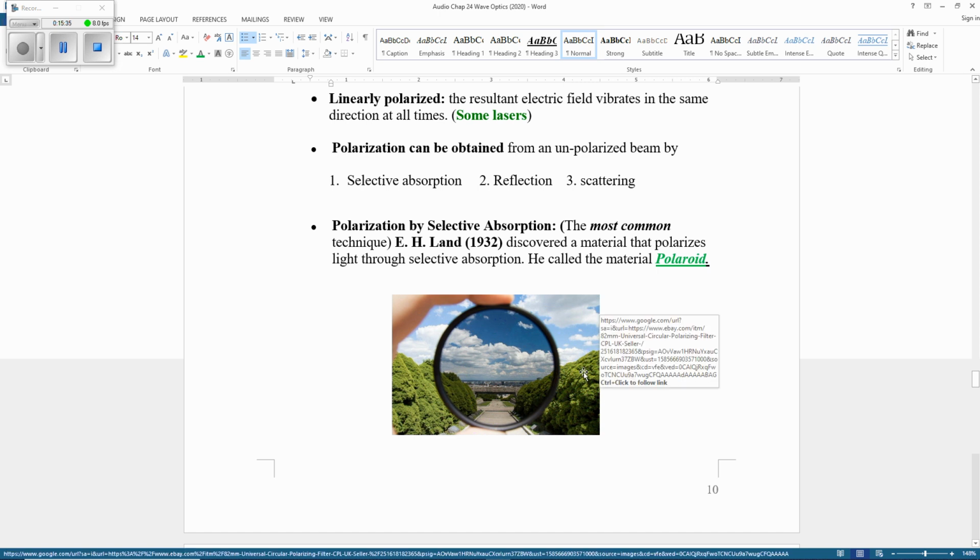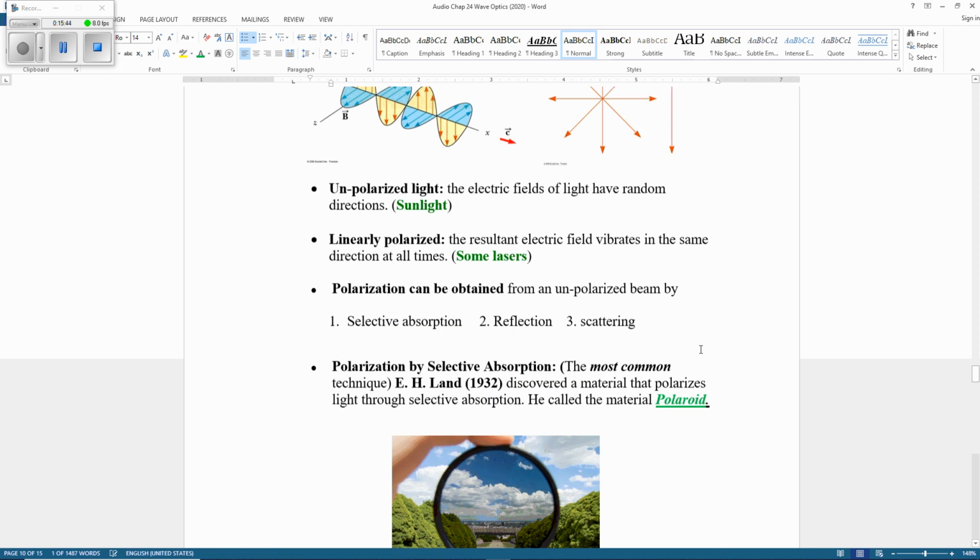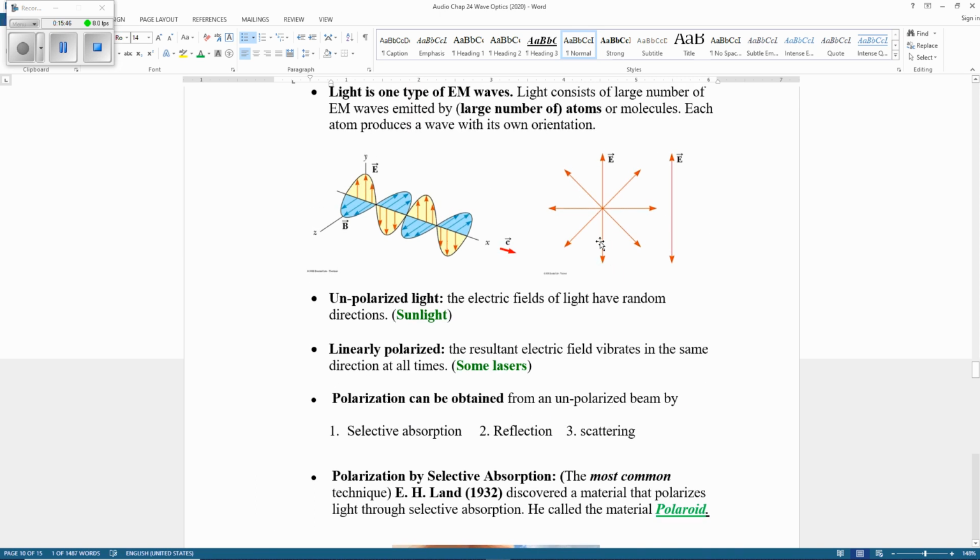The light going in this direction is cut off. The light going in that direction, left, can pass through. Only part can pass through these components.